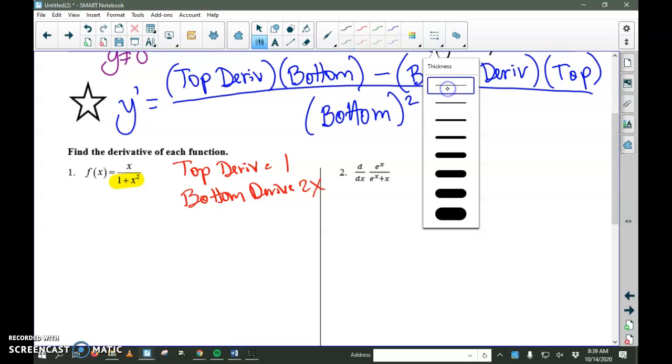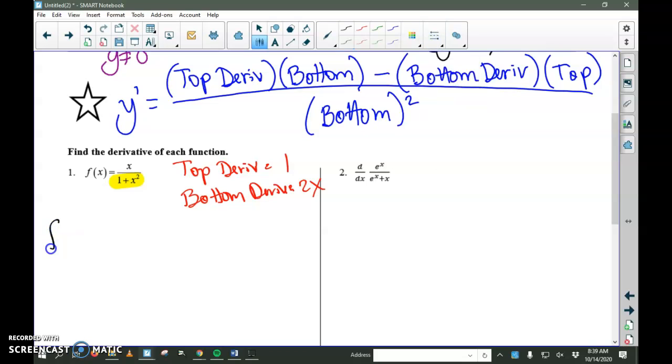So here we go. If I want to find the derivative of f, I'm going to say f prime of x equals, all right, I need the derivative of the top. The derivative of x is 1 times, I'm going to rewrite this bottom function, okay, minus, now I need the bottom derivatives.